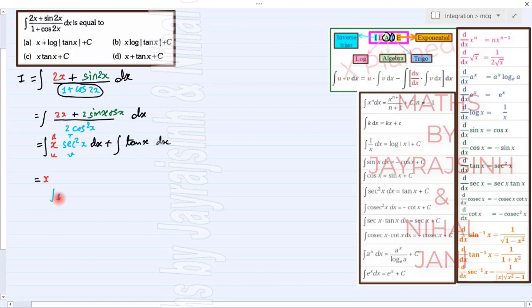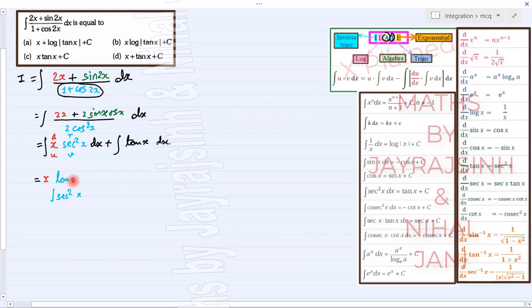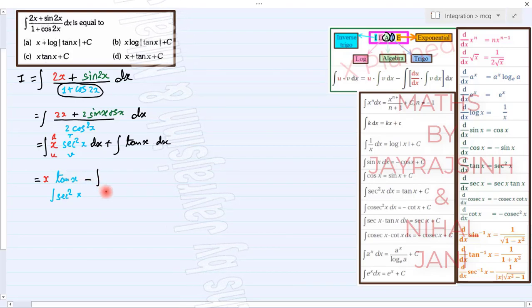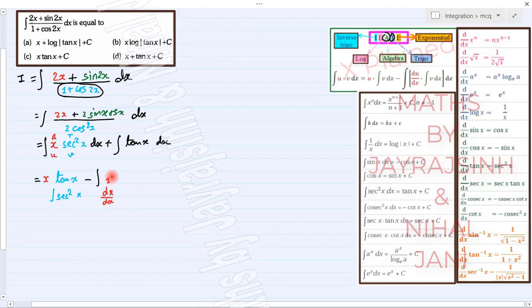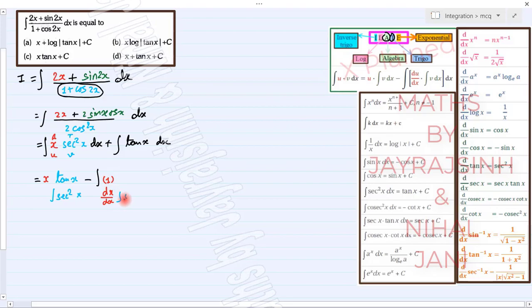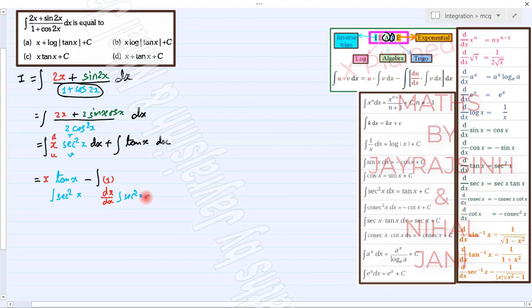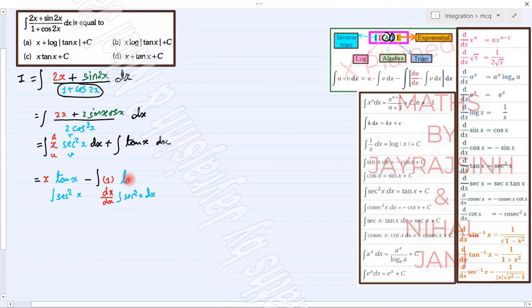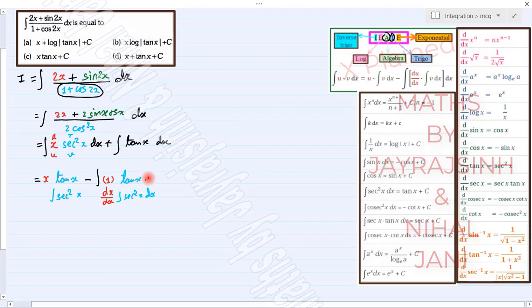We have to integrate sec square x, which is tan x. Then minus integration of differentiation of u, which will be 1, and integration of sec square x, which is tan x dx.